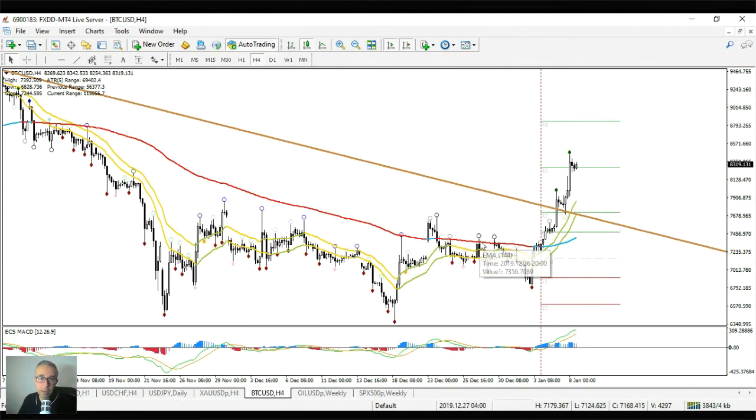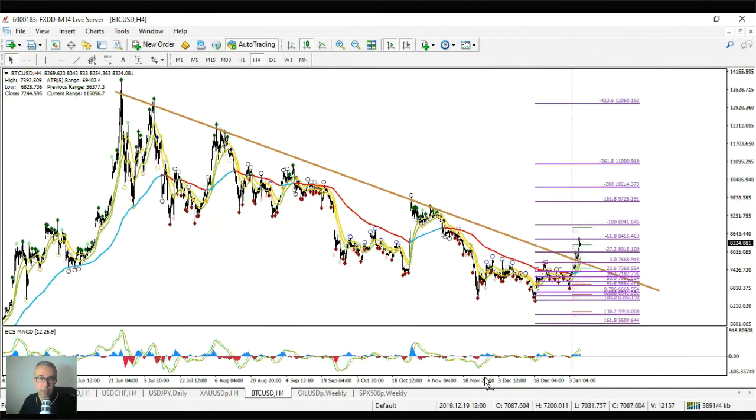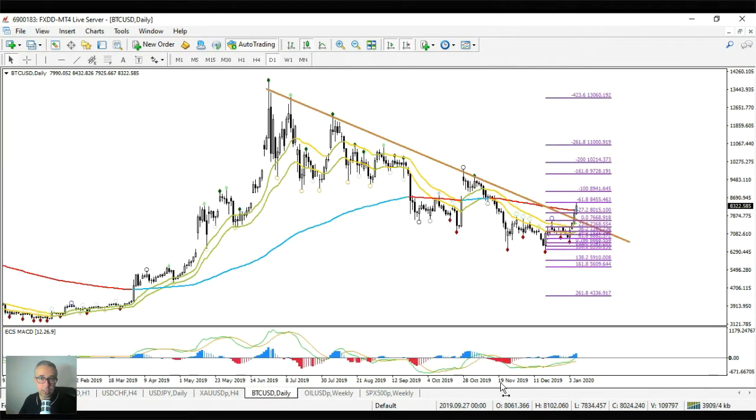Bitcoin can be tricky at times. So let's put the fib from here to here. And it's right at the minus 61.8 target. I think it's a fair chance that we could get a serious swing up to retest the previous high at this moment.